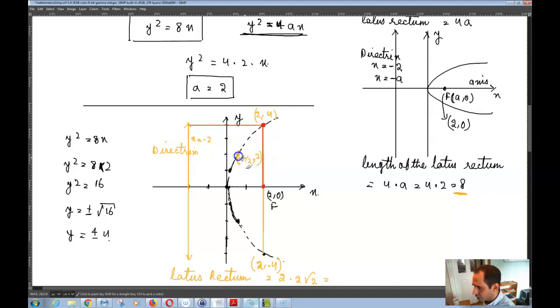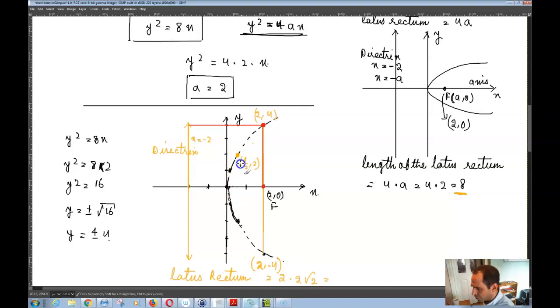Write it properly. This point over here is supposed to be (1/2, 2), that we did calculate.